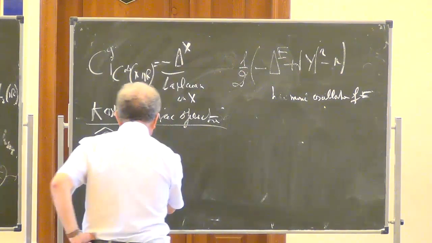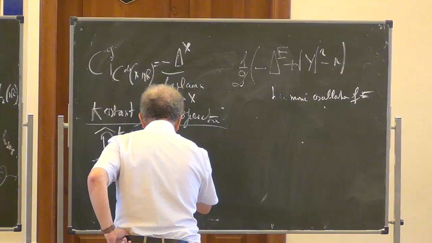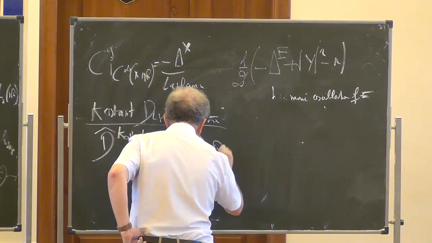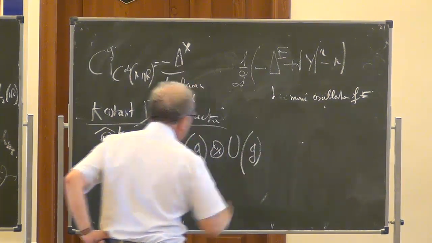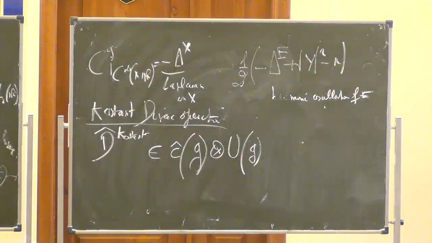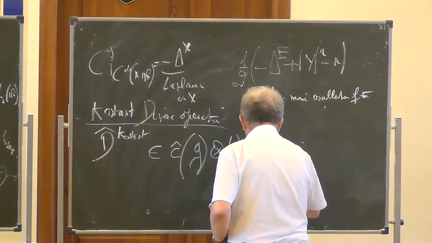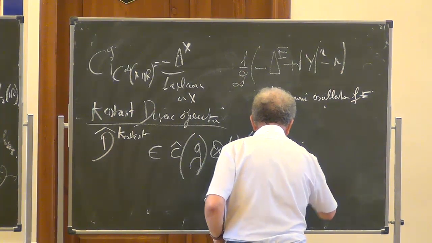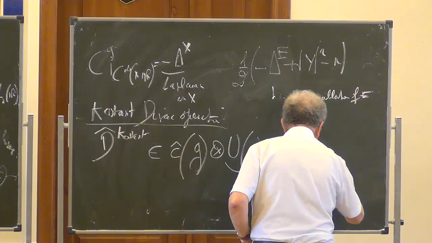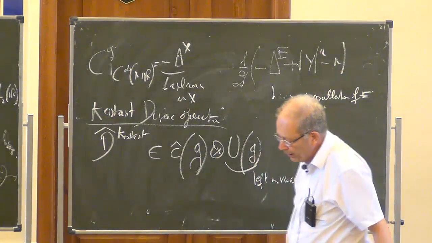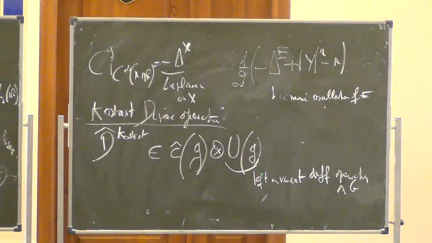So this operator is a section of the Clifford algebra of g tensored with the enveloping algebra of g. We know that the enveloping algebra of g consists of the left invariant vector fields, the left invariant differential operators on the group G. It can be understood as the quotient of the tensor algebra by the relations defined by Lie brackets.